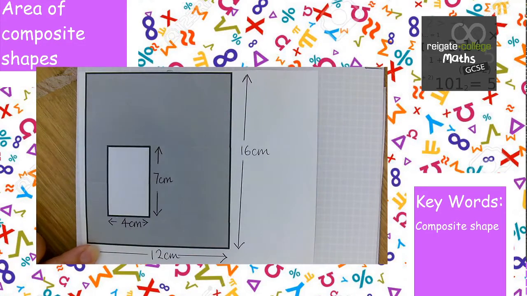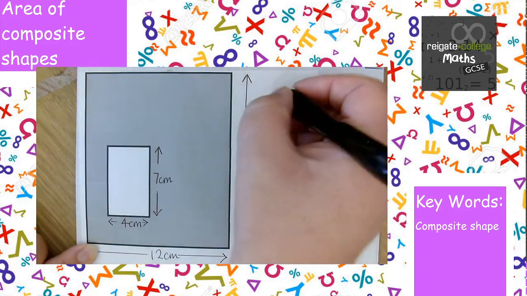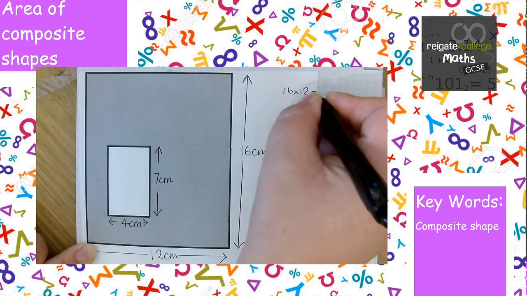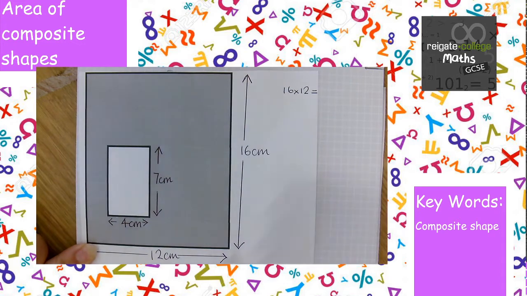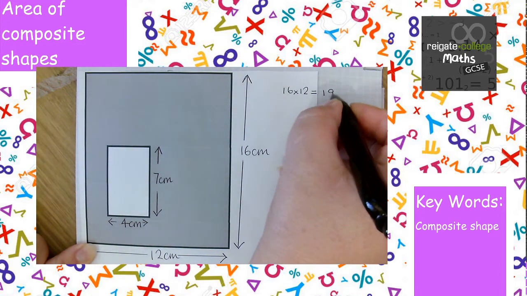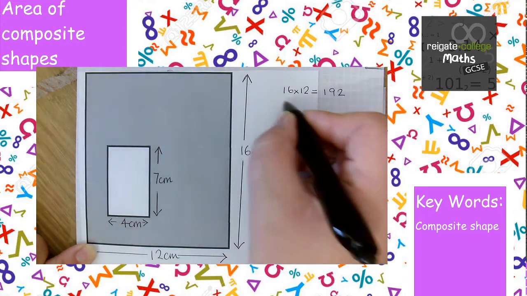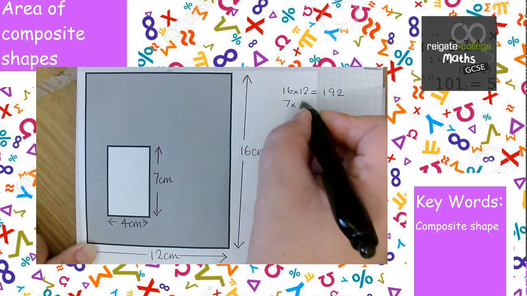In this example, we need to find the area of the shaded part of this shape. We have two rectangles, and the first thing we're going to do is find the area of the large one. So that is 16 multiplied by 12. The area of the larger rectangle, therefore, is 192. We find the area of the smaller rectangle, multiplying 7 by 4.